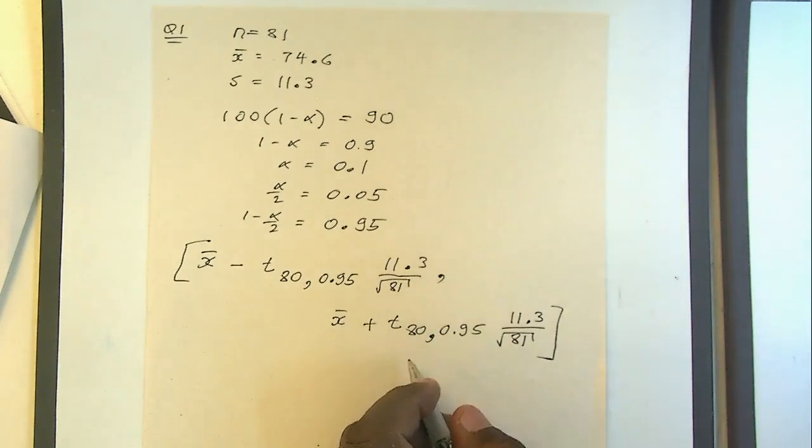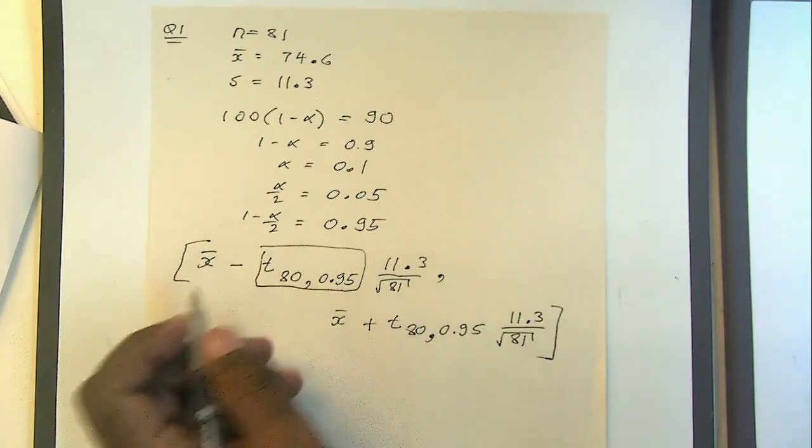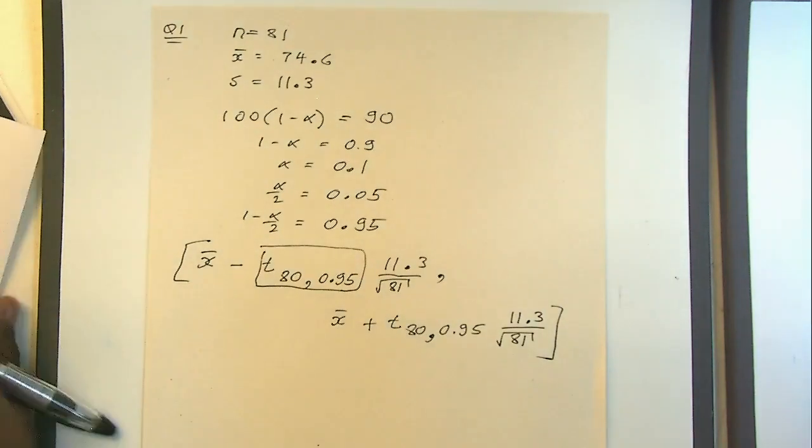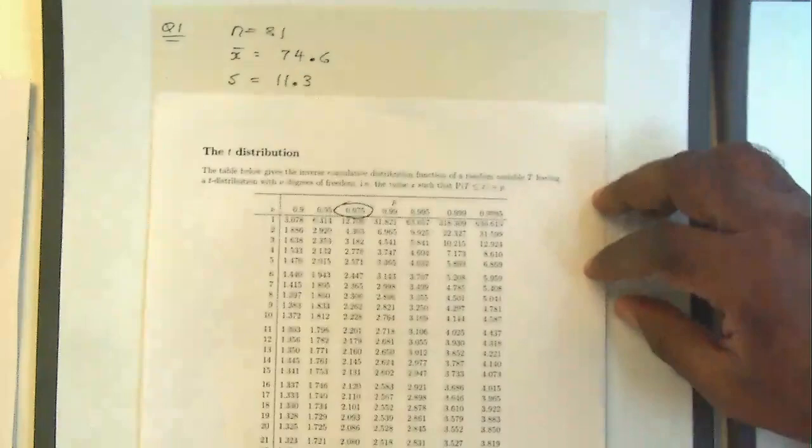Now we need to read this value here. To read it you need to use the table. There are tables in front of you. Can you fetch them please? You see them or not? There is something called the T table. This is the T table.